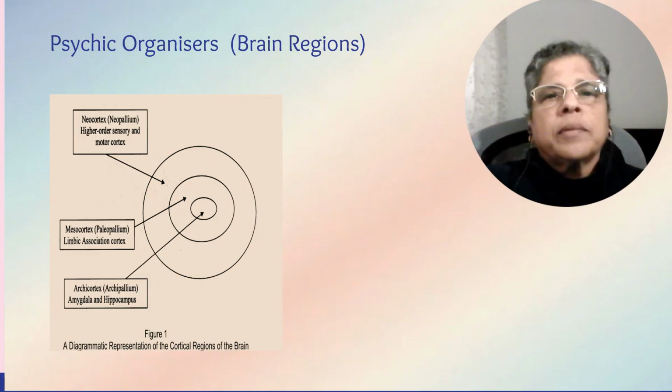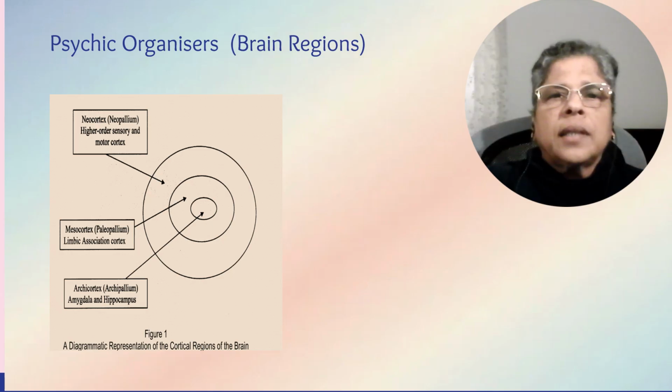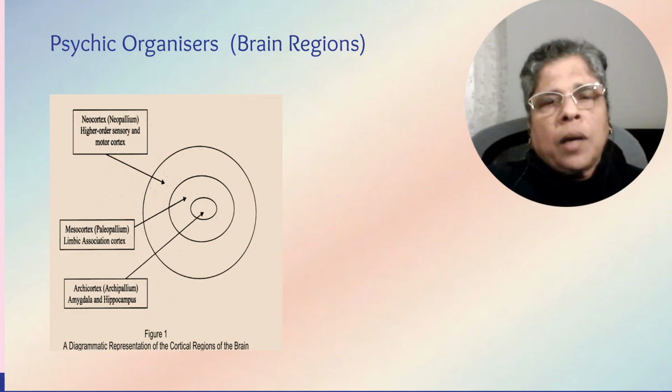The oldest part of the brain, or the archicortex, is considered to be the area where the earliest recordings happen, and the later external influences are recorded in the middle region, and the final part of the developed part of the brain, that is the cortical region, is where the adult capability, or the neo-psych, or the new part of the personality is being recorded.